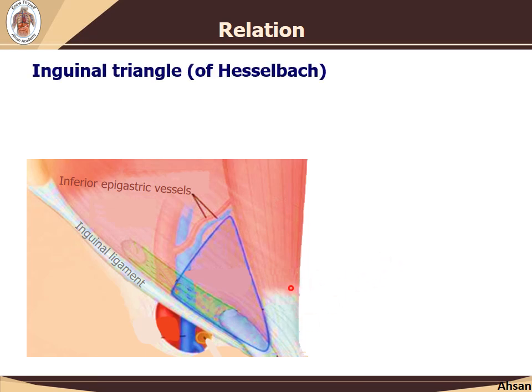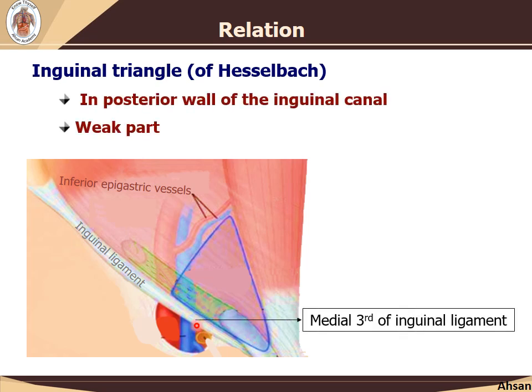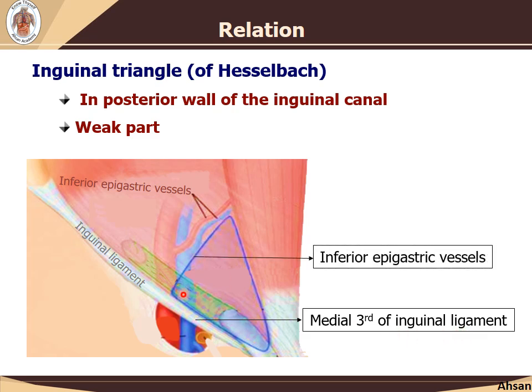The third important structure is this triangular area. This is known as the inguinal triangle or Hesselbach triangle. It is bounded inferiorly by the medial third of the inguinal ligament, laterally by the inferior epigastric vessels, and medially by the lateral margin of the rectus abdominis muscle.